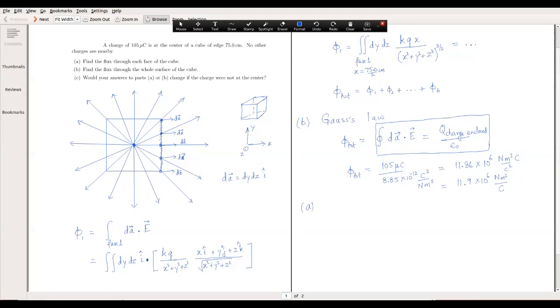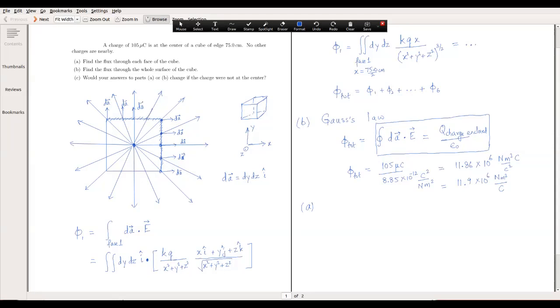Each of these faces have exactly the same amount of flux going through because of symmetry, right? So we can just see here that it doesn't really matter which face you're doing, it's going to be the same area element that's going to be multiplying the electric fields at each point there.